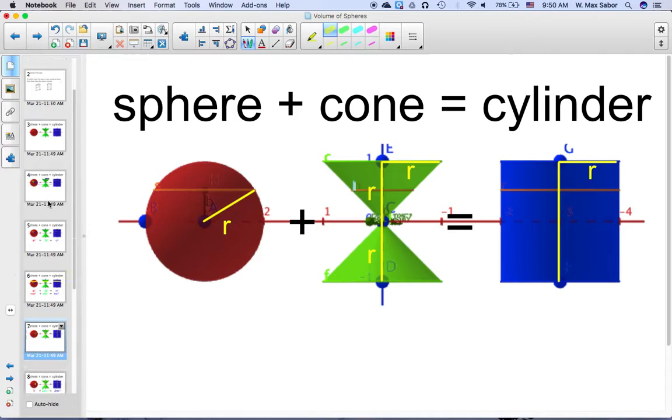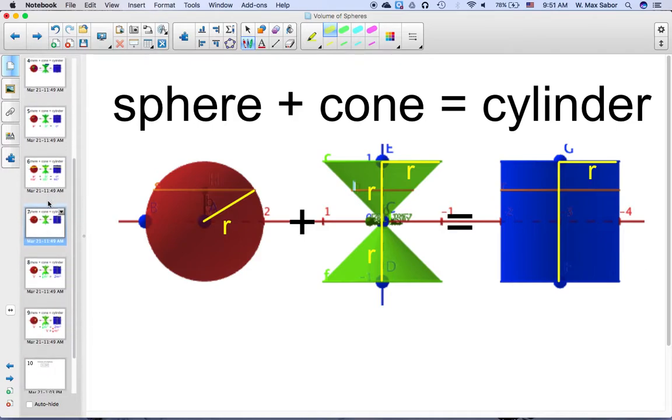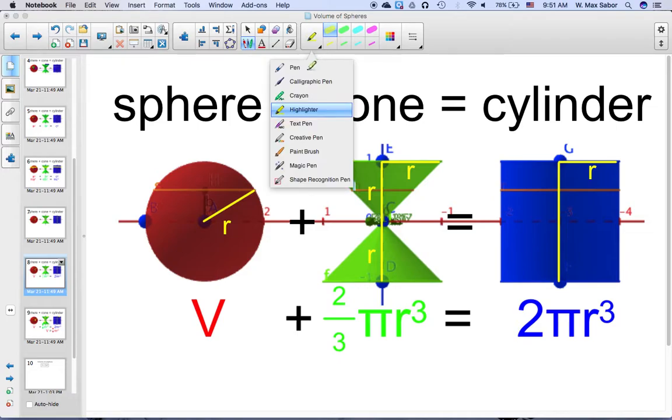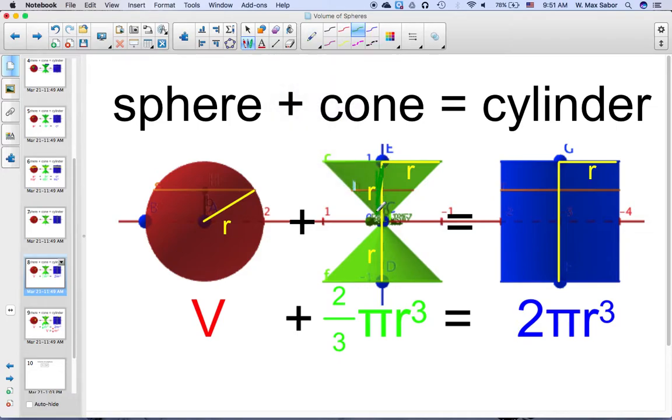Based off of the volumes adding up and the different radii, we can say that this is 2/3 pi r cubed. The volume of a cone is regularly 1/3 pi r cubed, but because there are two of them, the one at the top and the one at the bottom, that's why it's turning into 2/3 pi r cubed.